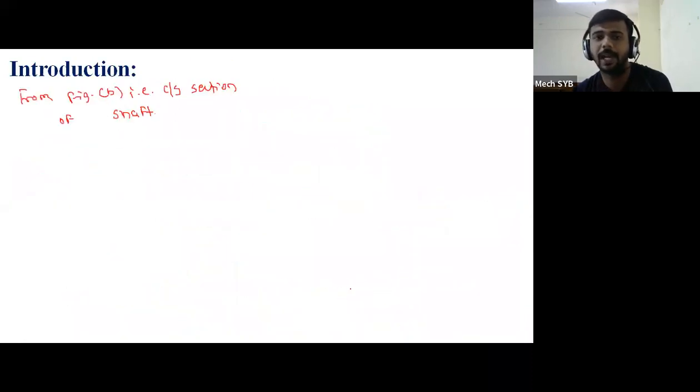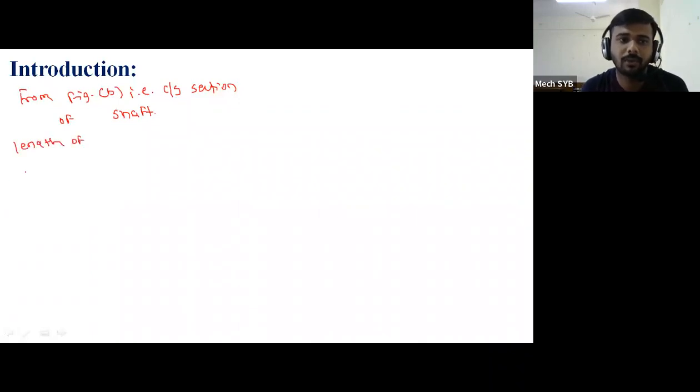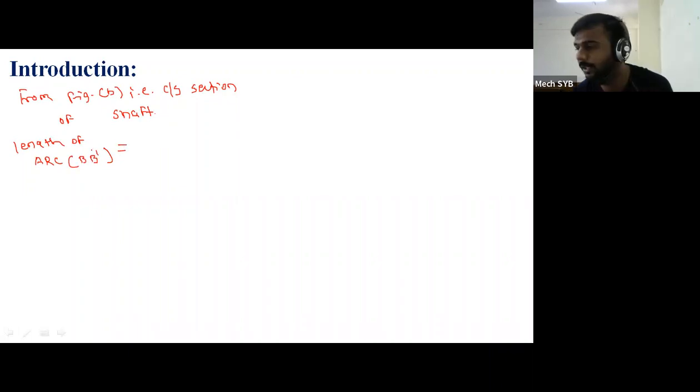Therefore, if I have to calculate the length of arc in bracket B dash is equal to, what is the formula for the length of arc? Can anybody? Length of arc is equal to, I will tell.